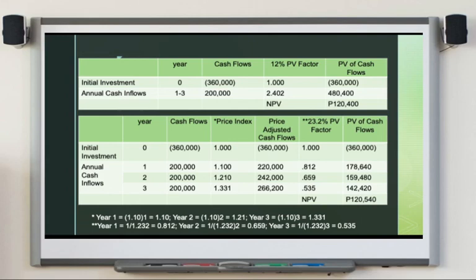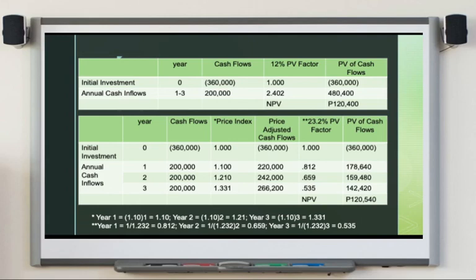For year 2, 1 over the square of 1.232, and that is 0.659. For year 3, 1 over 1.232 cubed, then you will arrive at 0.535.